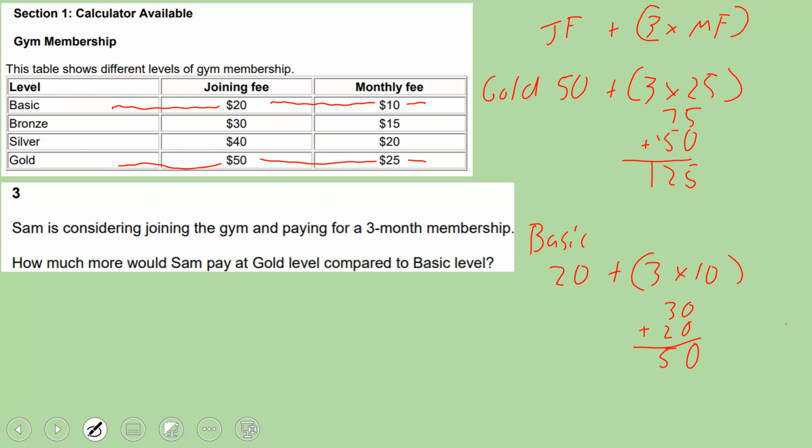And then we need to look at the difference between the gold amount and the basic amount. So 125 minus 50. 5 take 0 is 5. 2 take 5 can't be done. 12 take 5 can. It's $75. So Sam would pay $75 more at gold level compared to basic level.